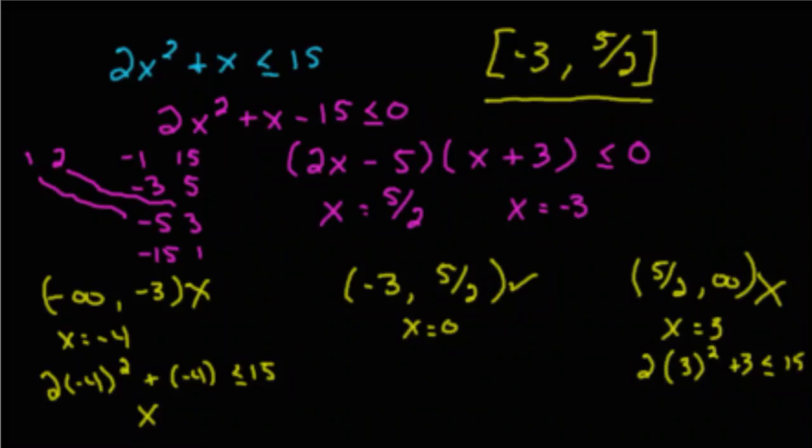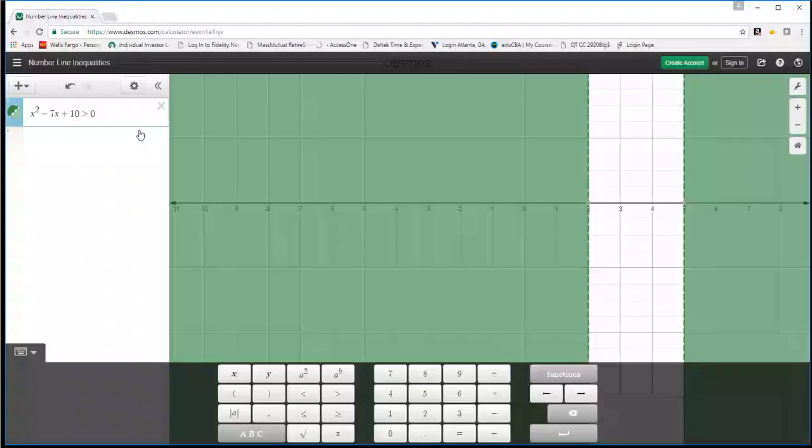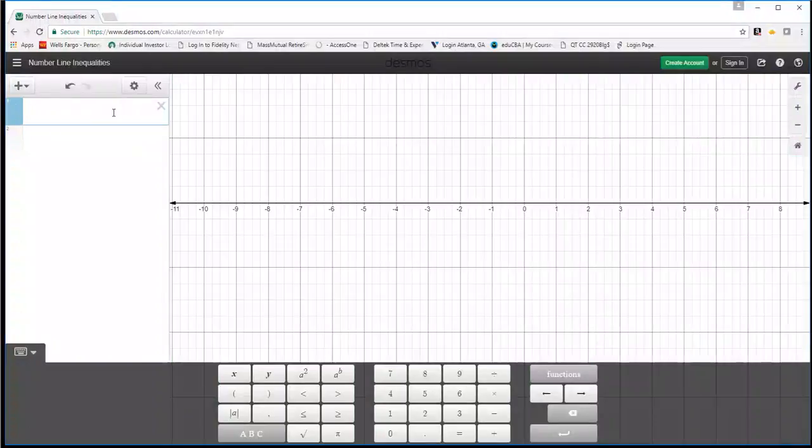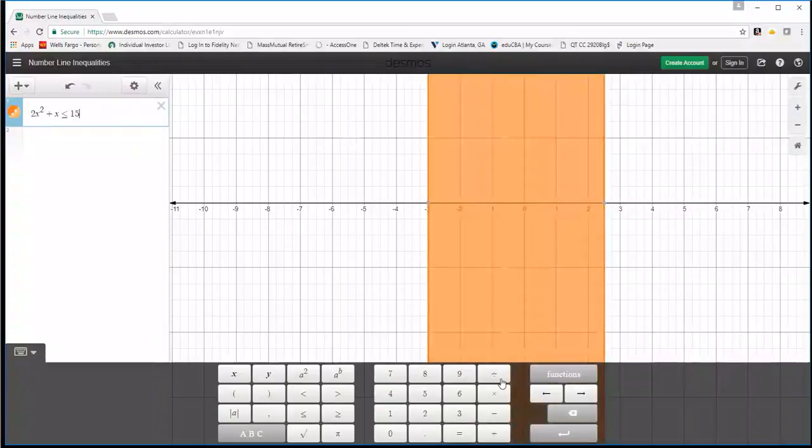So if we go to graph it, we'll get rid of the old one here. We'll enter 2x squared plus x less than or equal to 15. And there you see our solutions from -3 inclusive, a solid line, to 5 halves, which is 2.5, a solid line, and everything in between.